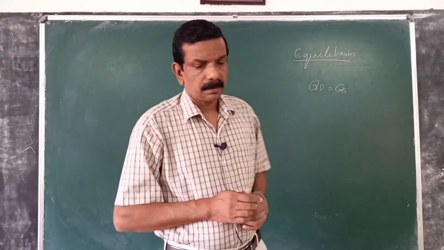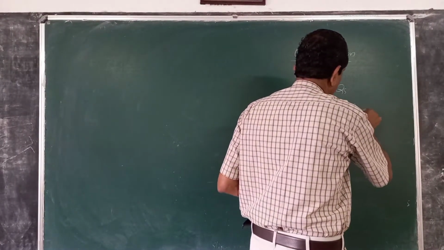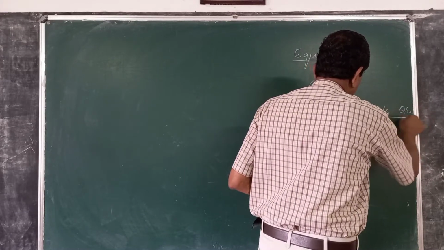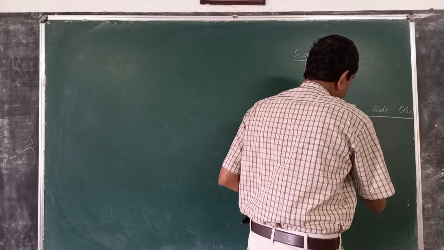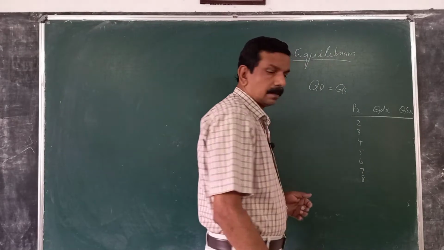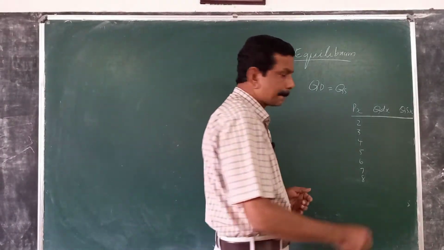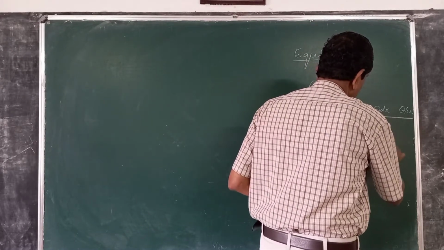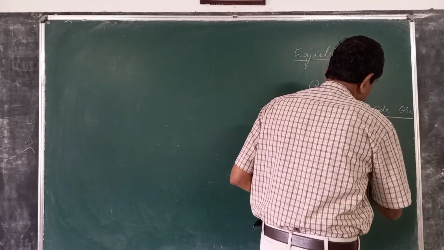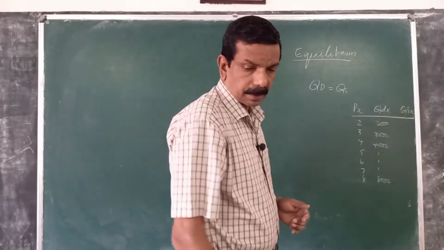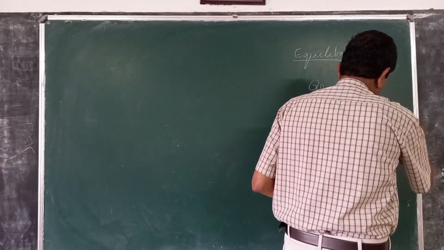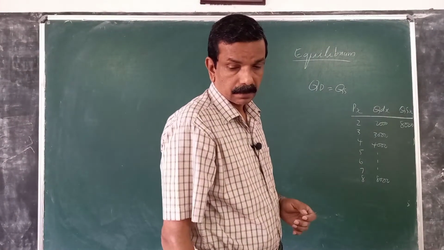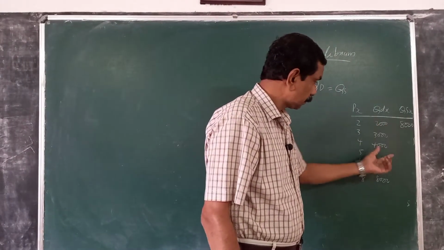In the example we have seen, for price Px, Qdx and Qsx, we combine these: 2, 3, 4, 5, 6, 7, 8, etc. We have quantity demanded 2000, 3000, 4000, up to 8000, and quantity supplied from 0 up to 8000.